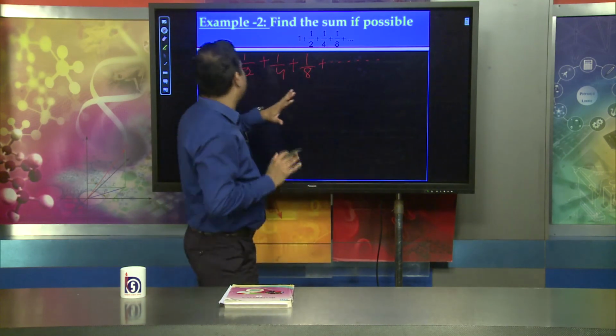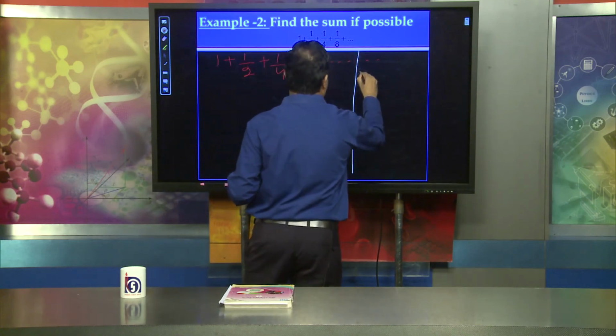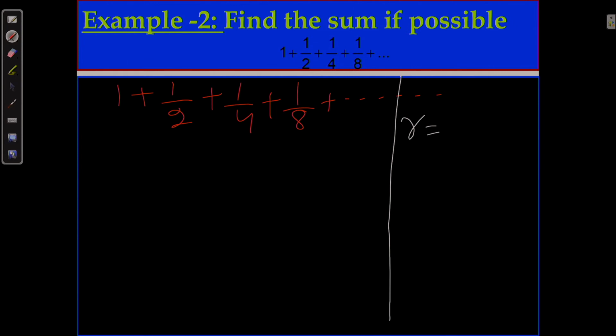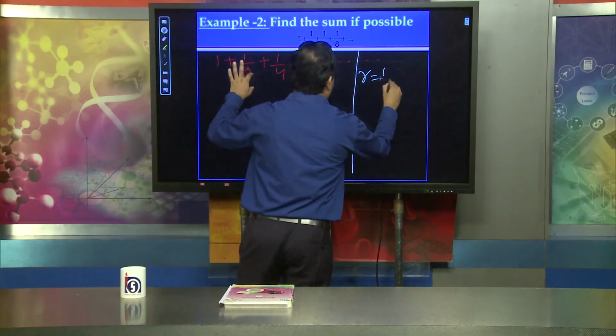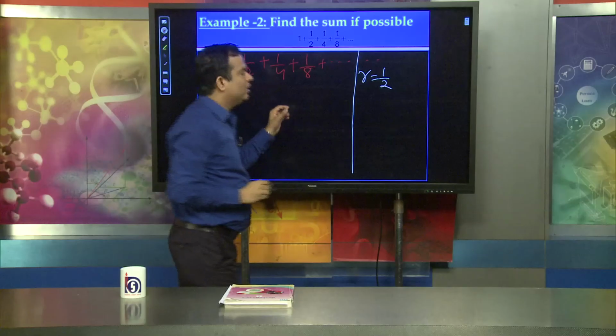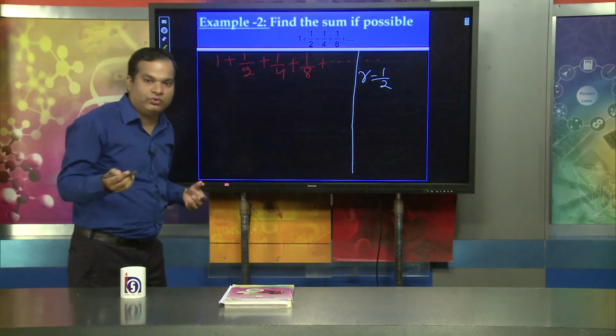For this purpose, first we have to check the value of r. The value of r is 1 by 2 divided by 1, or 1 by 4 divided by 1 by 2. In all cases you will find 1 by 2, because 1 by 4 divided by 1 by 2 is also 1 by 2.